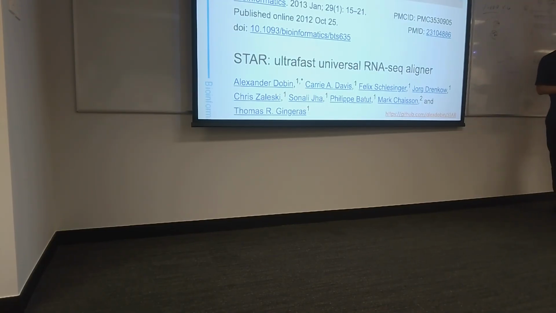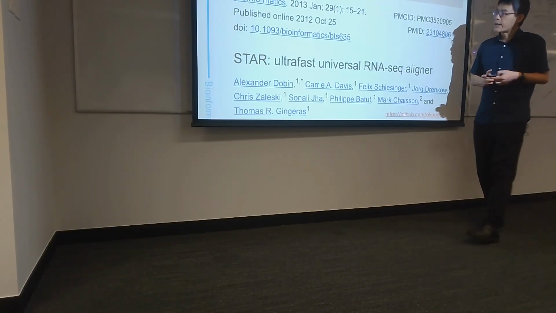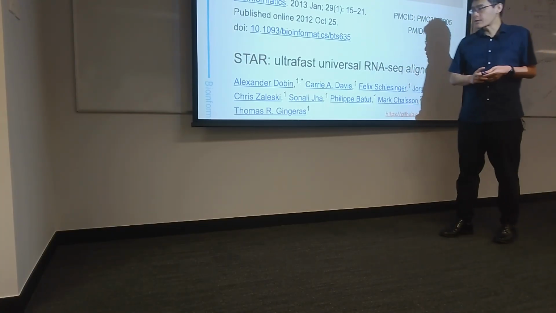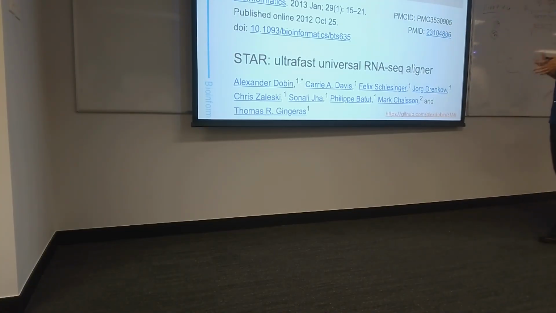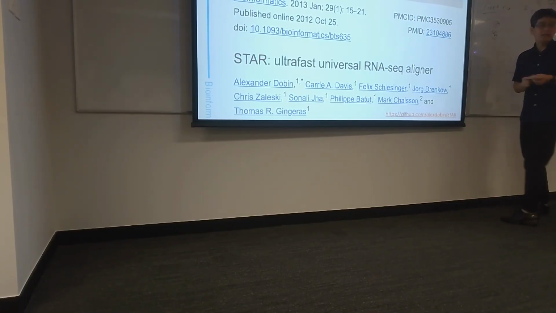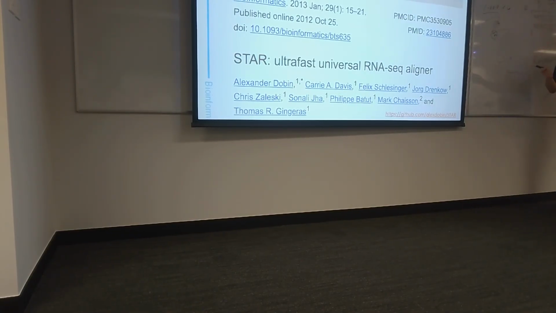This is one of the widely famous methods named STAR, which can help you do very fast universal RNA sequencing alignment. For any given RNA sequencing read, the software could quickly tell you the location.